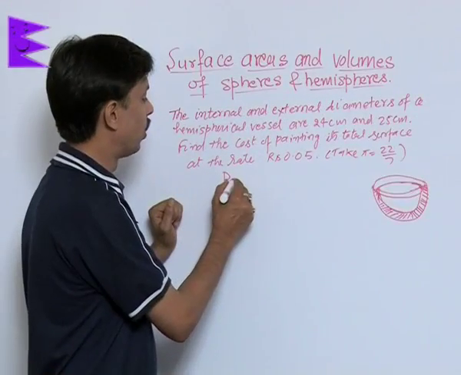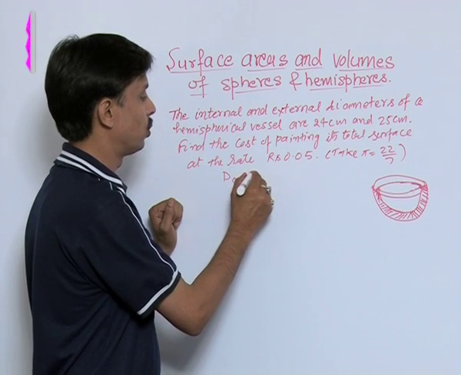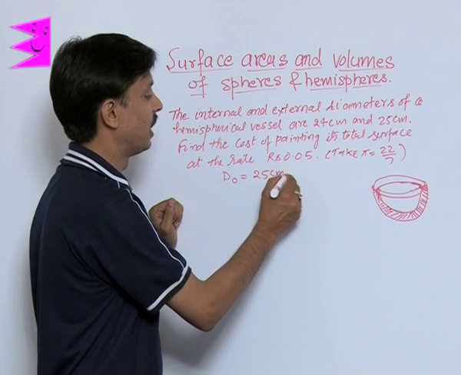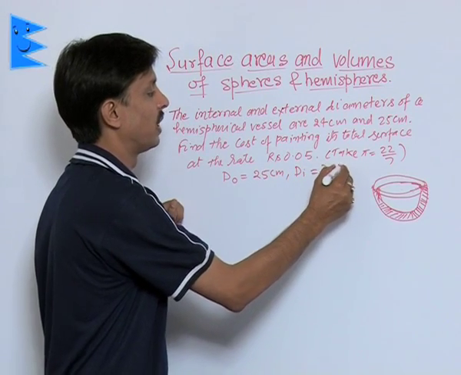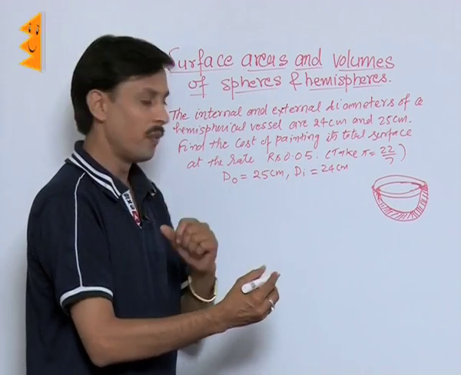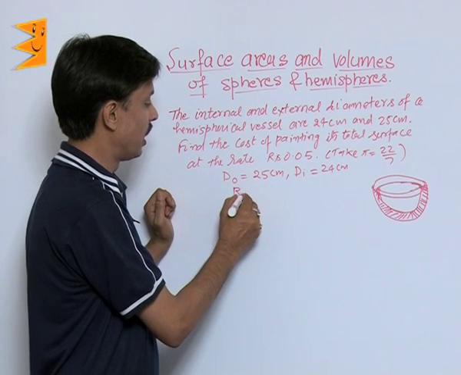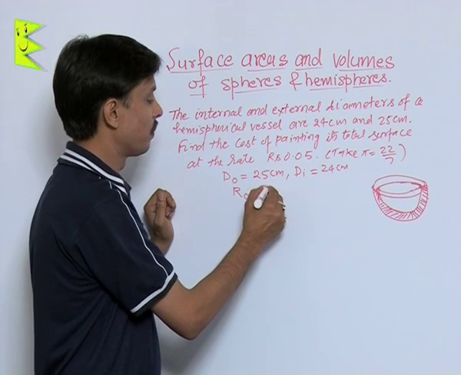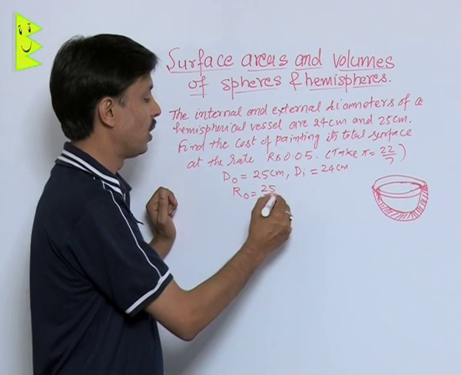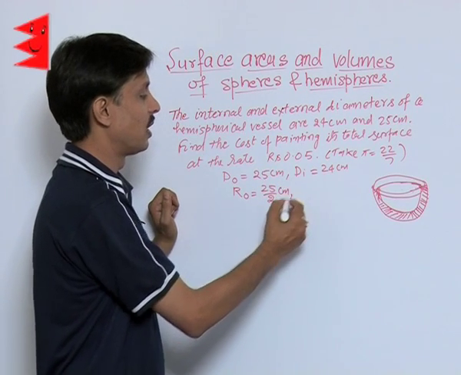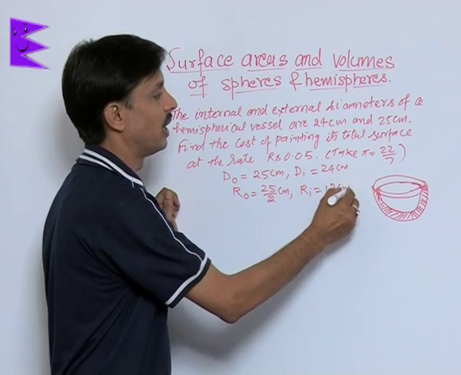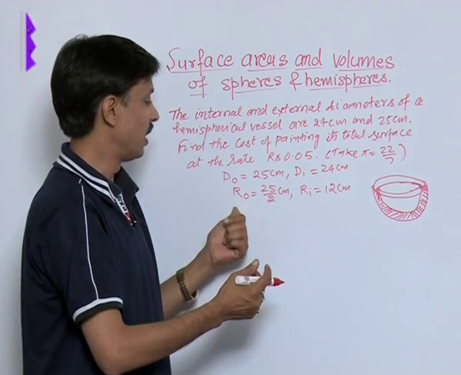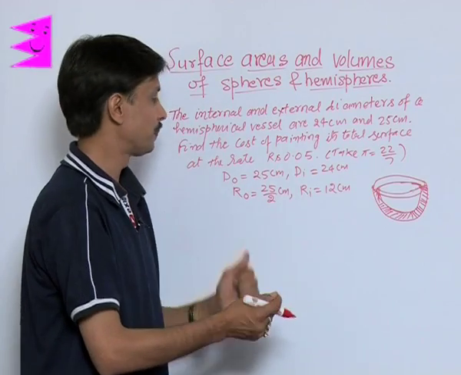Diameter external is 25 centimeter and diameter internal is 24 centimeter. So in this way I can say the radius of the outer part is 25 by 2 centimeter, the external one, and the internal radius is 12 centimeter. Radius is half of the diameter.